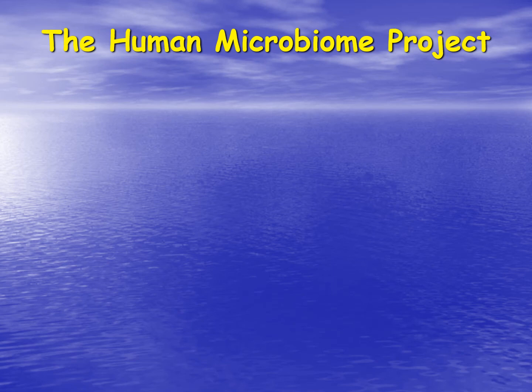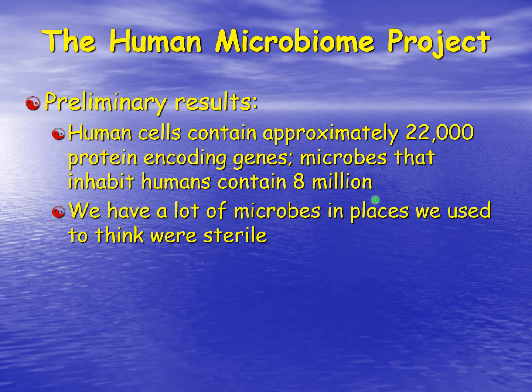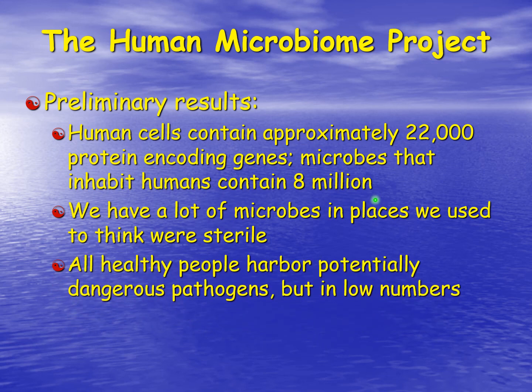Preliminary results of the Human Microbiome Project show that human cells contain somewhere between 22 to 25,000 protein encoding genes, while the microbes that are in and on us actually contain 8 million genes. So we have a lot of microbes in places that we used to think were sterile.